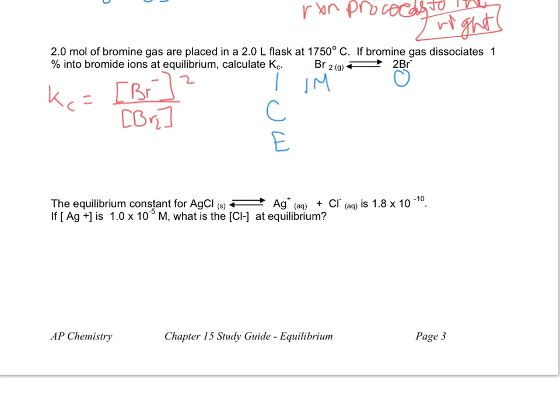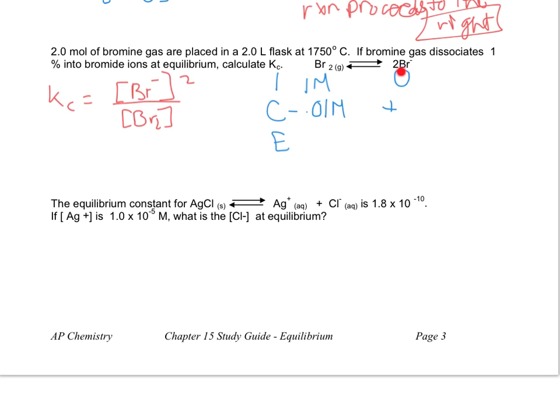So that means that this changes minus 1%. So 1% is basically 0.01 molar. 1% of 1 is 0.01. So that means the change for this one is going to be positive.